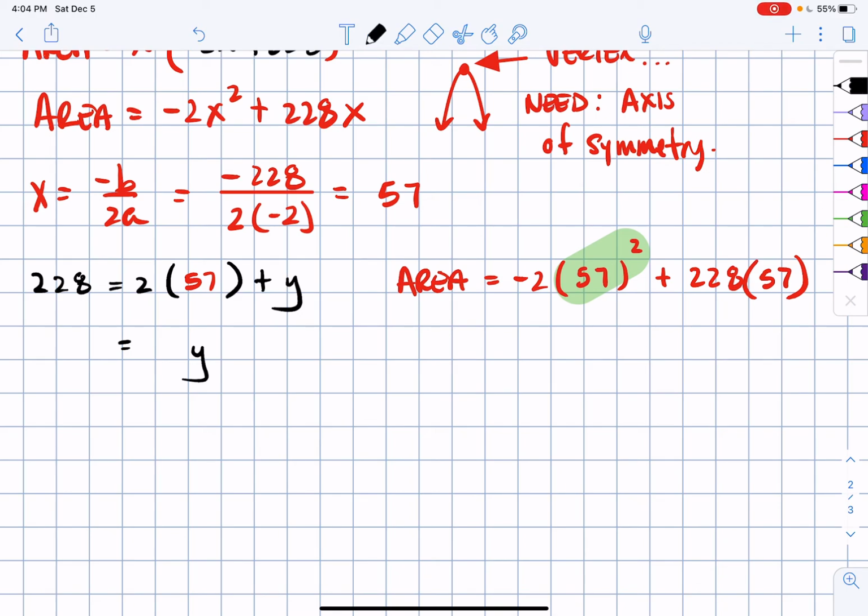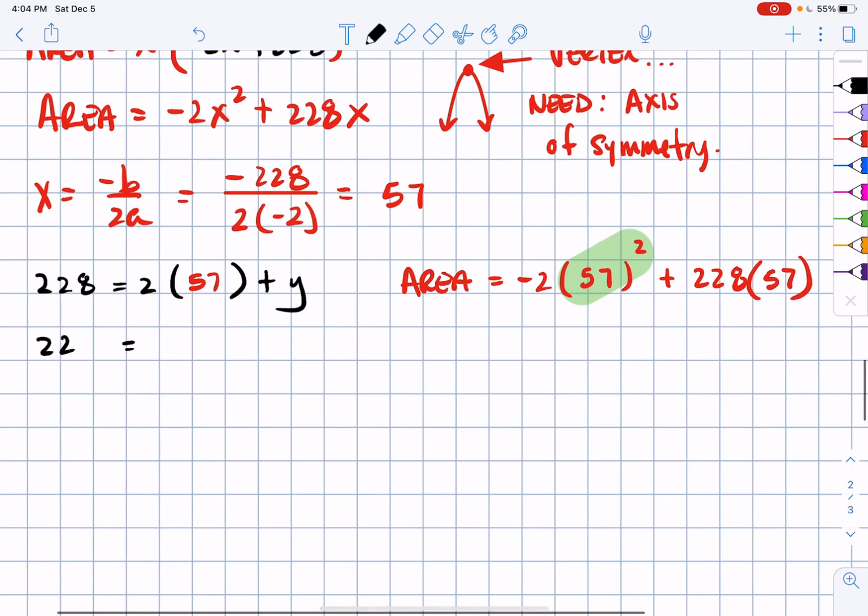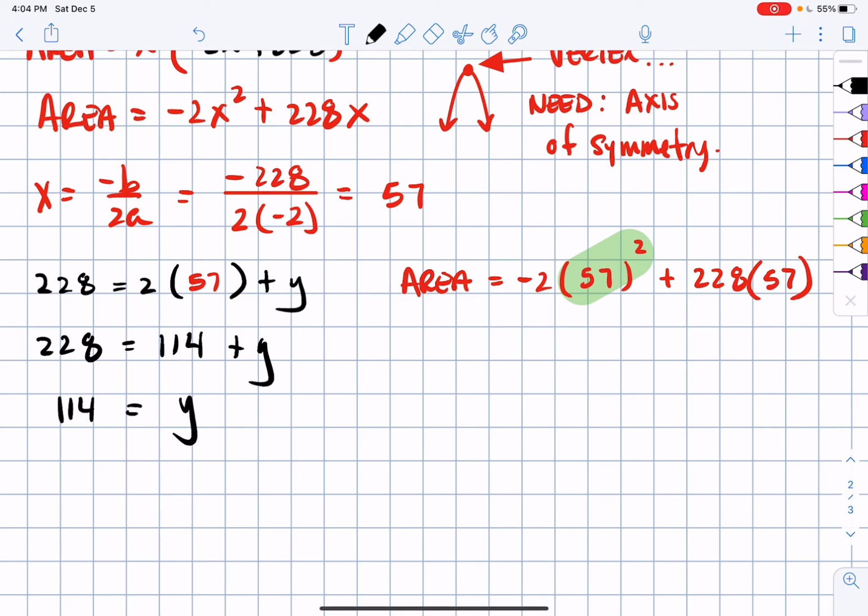So what you'll get for y, actually let me erase this, is 228 equal to 114 plus y, so y is going to equal 114.